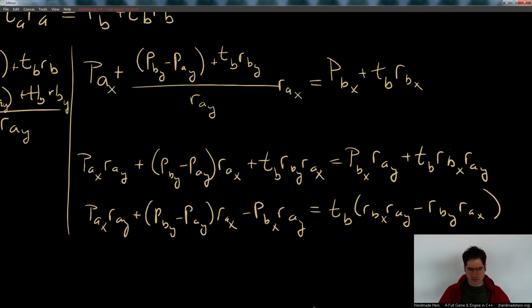And that's the solution to the equation, right? This just divides out, and you end up with these terms being exactly what they look like.